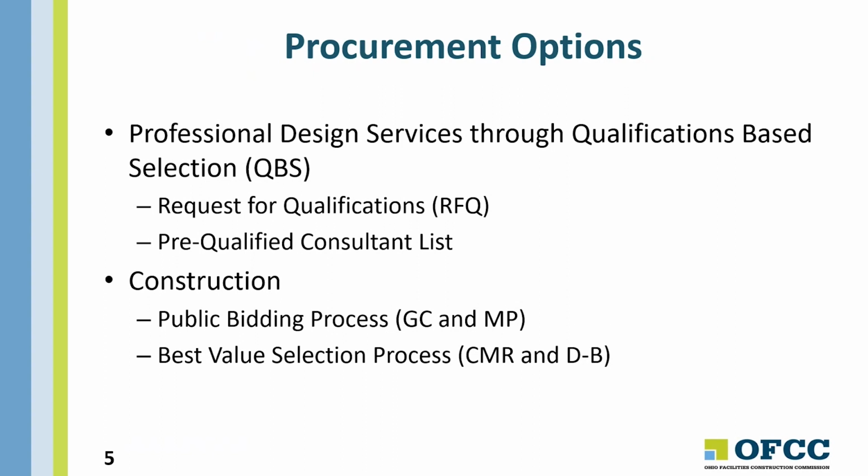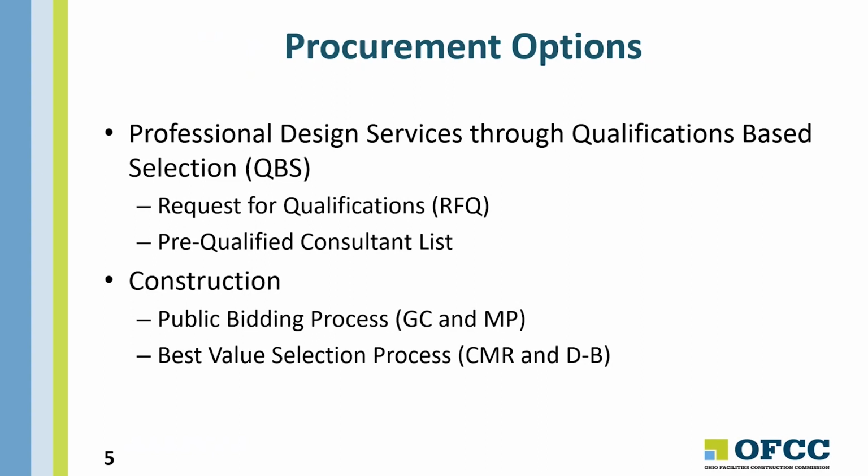So we have a number of procurement options for services in construction. Professional design services are acquired through the qualifications-based selection process, which we abbreviate QBS. This involves publishing a request for qualifications, or RFQ. We also have a pre-qualified consultant list, and a number of the universities and colleges may also have a list of consultants that they use on an ongoing basis.